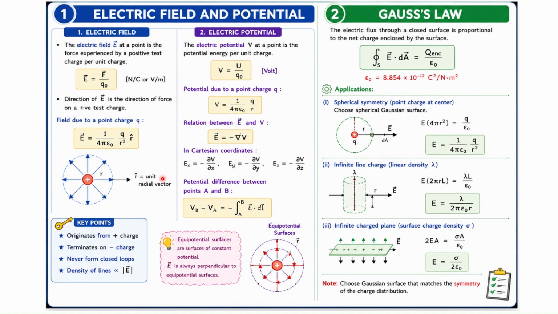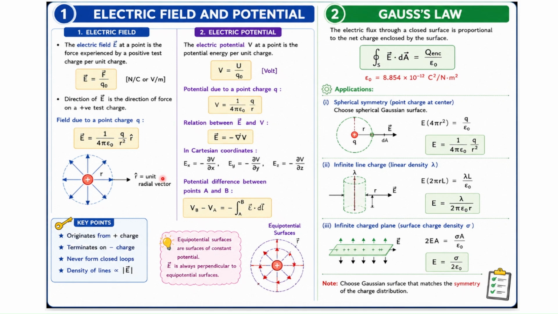Number two, they never form closed loops. This is a unique property of electrostatic fields. You remember in magnetism, the lines form closed loops, but in the case of electric field, they never form a closed loop.